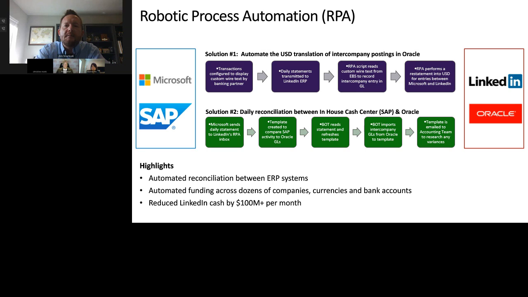And oftentimes you're limited by your ERP system on how you can transmit data to and from each other. But what I really wanted to highlight is that we implemented robotic process automation. If you think about the bank statements and the intercompany loans, your in-house cash center is effectively a glorified intercompany loan. So you have these statements, and SAP will generate a statement at the end of the day.